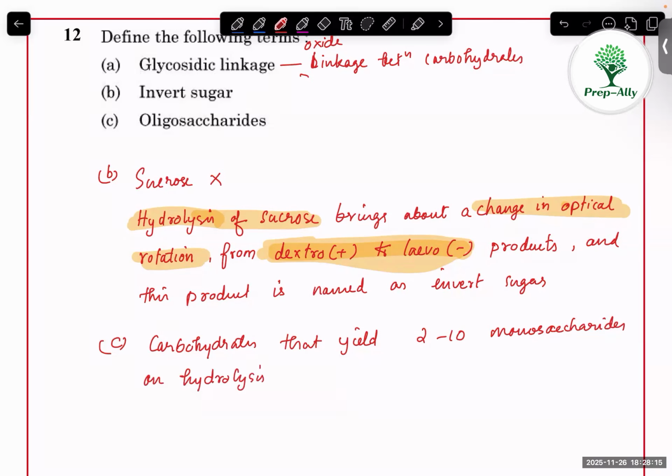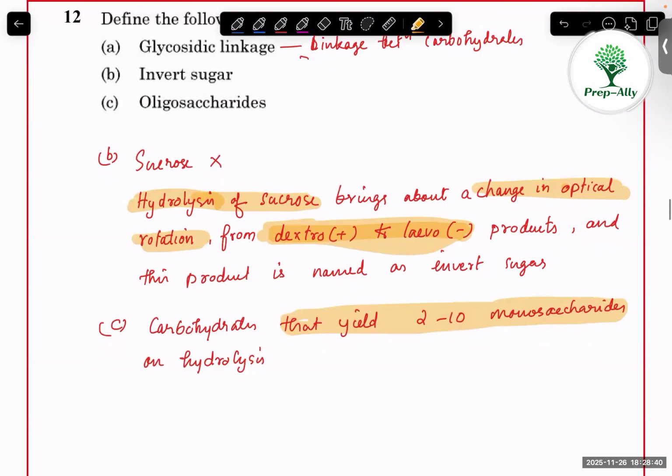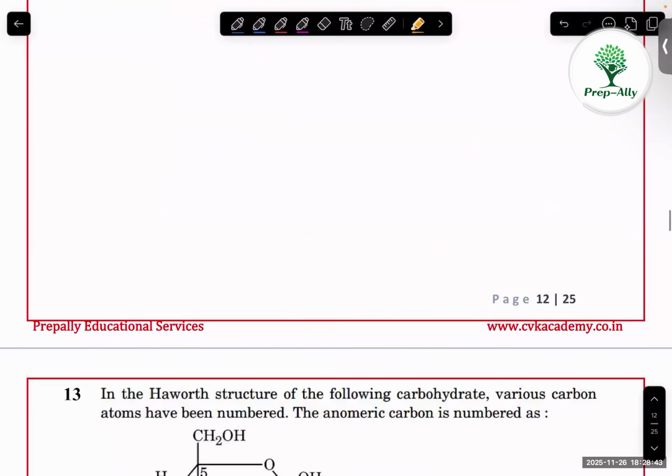This is the exact wording you need to write. Don't go and write about disaccharides or polysaccharides. Keep to the point. Define means you just need to define what exactly that thing is. Hydrolysis means simply breaking the carbohydrates to get smaller carbohydrates. So the answer is just that point only: yield 2 to 10 monosaccharides.